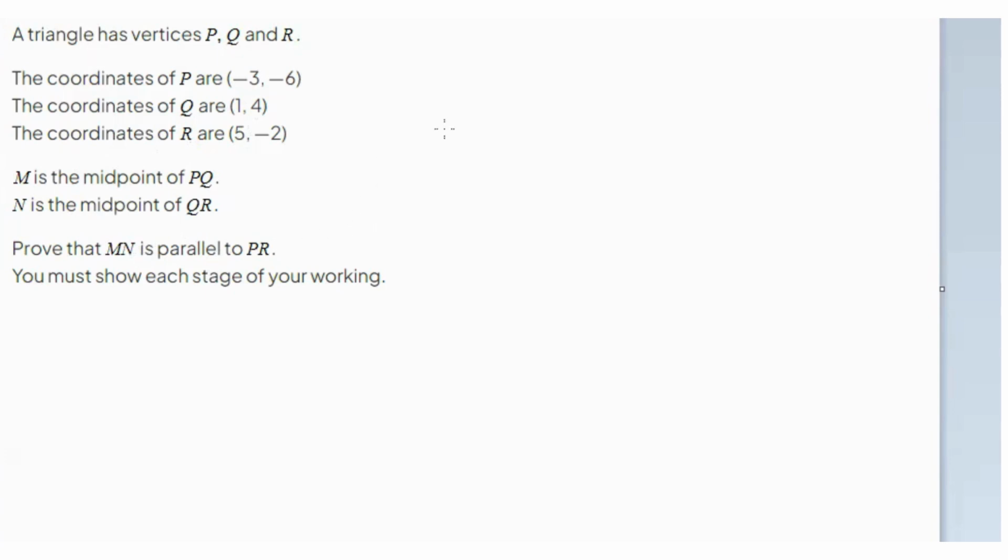So first, let's start with finding the value of the coordinates of M and N. Since M is the midpoint of PQ, we will find the midpoint by taking the average of the x values and the y values.